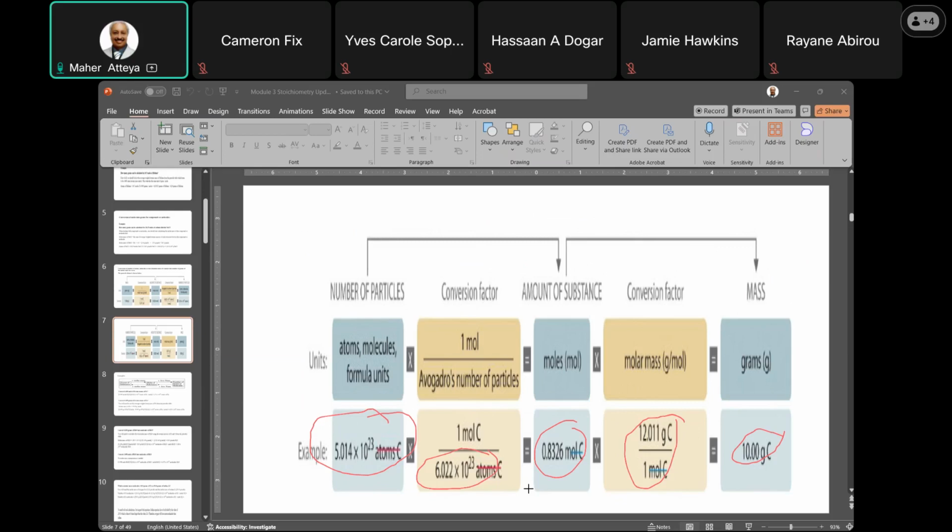So that's the two cases of the stoichiometric Avogadro's calculation. You go from mass to molecules or atoms or ions, or vice versa, from atoms, molecules, and ions to the number of grams, the mass.